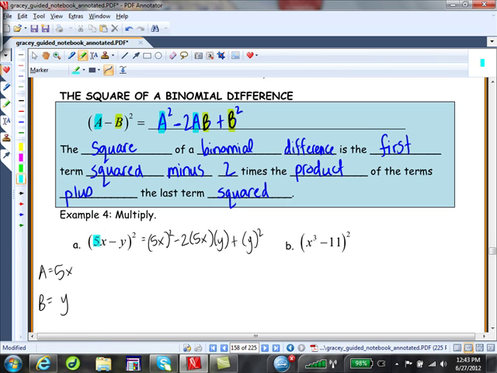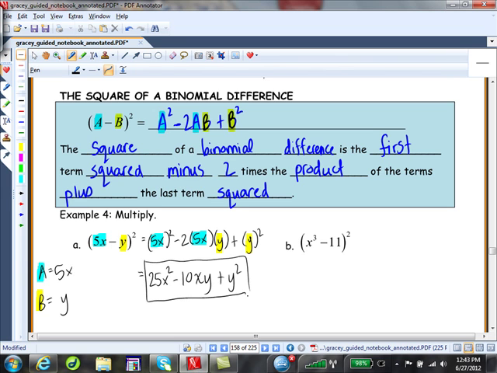So this was our A, and our B was the y. So let's see what we get. This will be 25x squared minus the 2 times 5 gives me 10, and then we just have x times y. We'll be covering that in 5.4 at length. And then we'll get y squared, and we're all done.